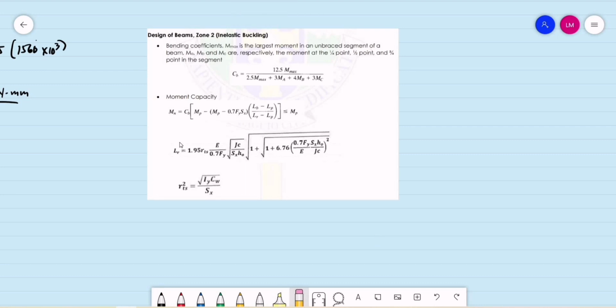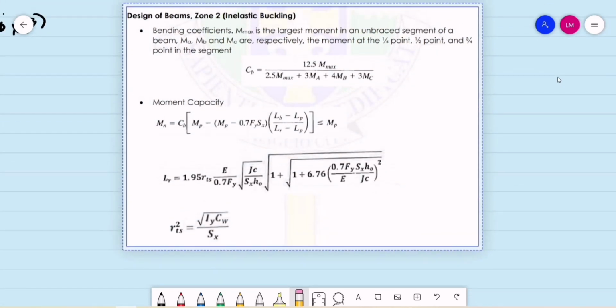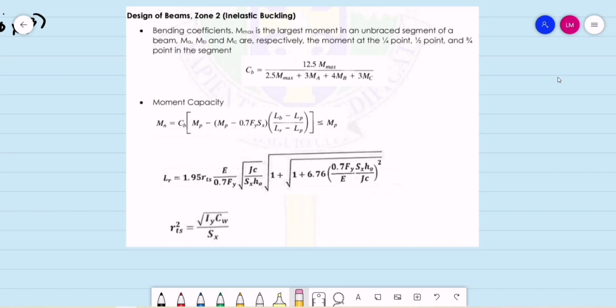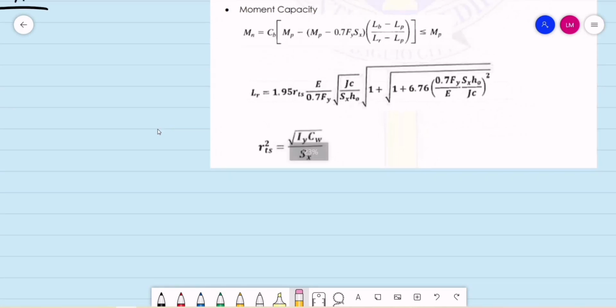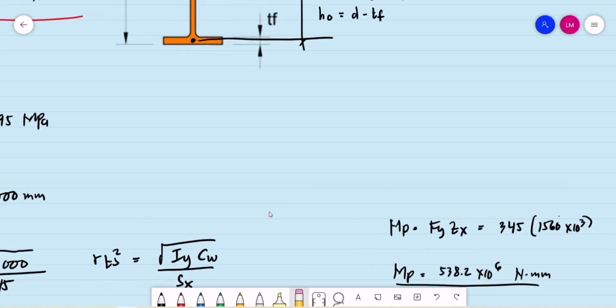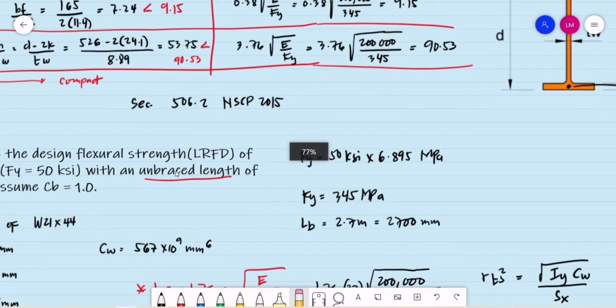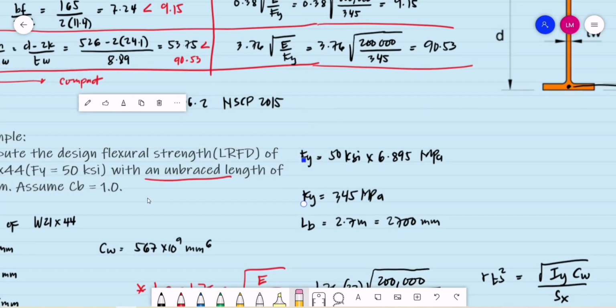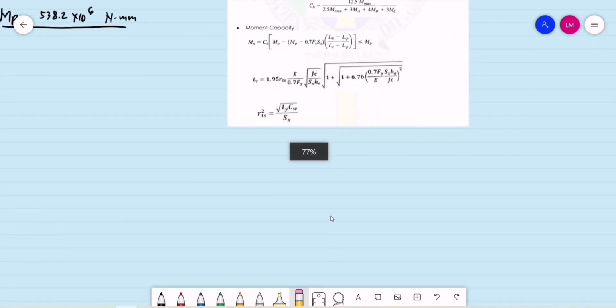Our necessary equation is M sub n equal to C sub B multiplied by the quantity M sub P minus M sub P minus 0.7 Fy S sub x, and then the quantity L sub B minus L sub P all over L sub R minus L sub P. But it should be less than the value of M sub P. The value of C sub B for this example is assumed to be 1.0. Okay, so I think we are now ready to substitute.